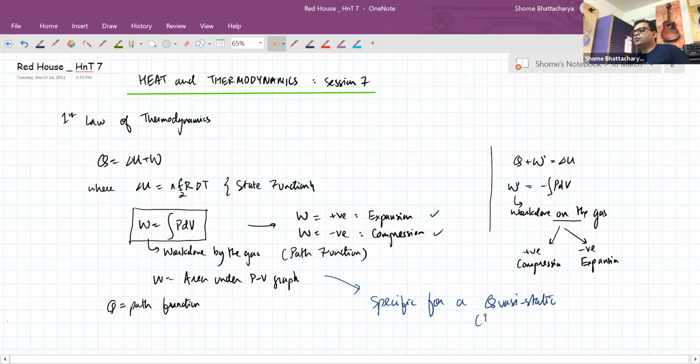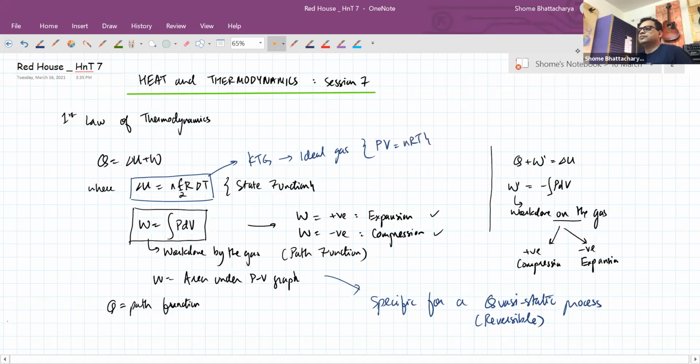And by definition, any quasi-static process is also reversible. Whereas this definition of delta U comes from kinetic theory of gases. So it is applicable to any ideal gas which obeys the principle of the ideal gas equation, PV is equal to nRT.